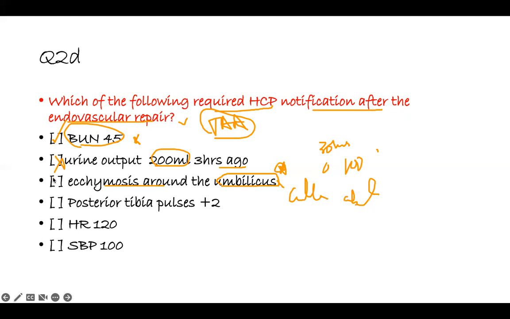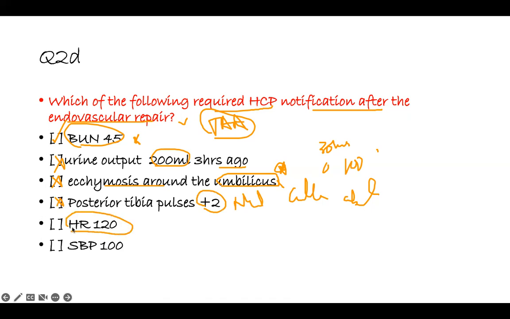It can go all the way down, but for now, we assume it's in the chest, so it's not the abdomen. Posterior tibial pulses +2. This is a normal pulse, so I don't need to report it to the HCP.